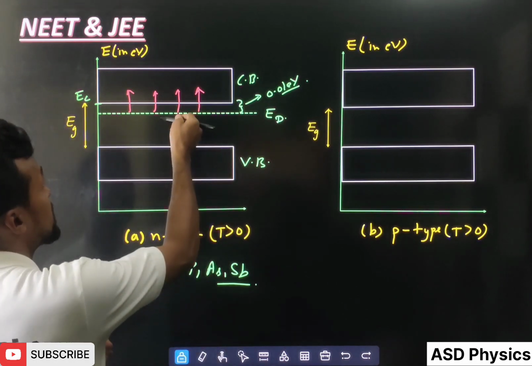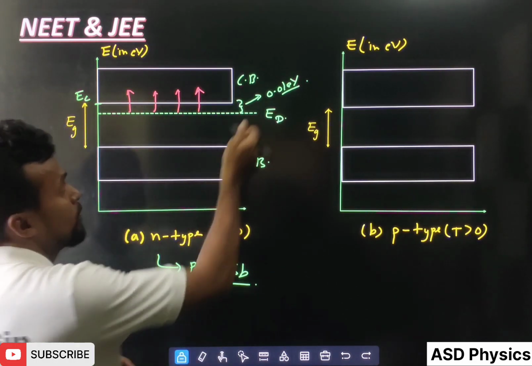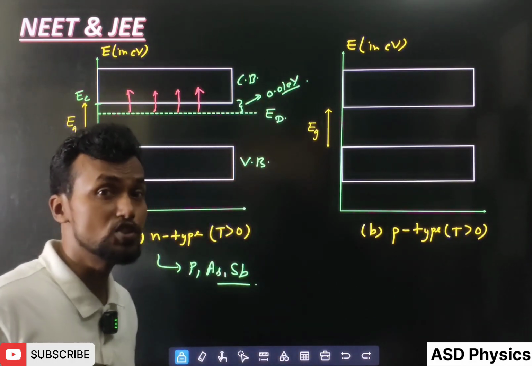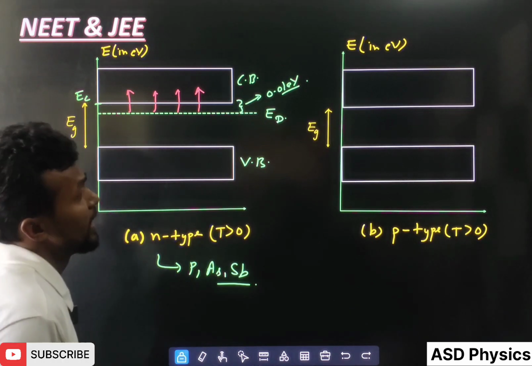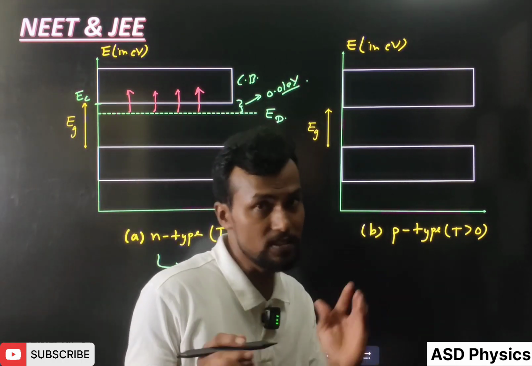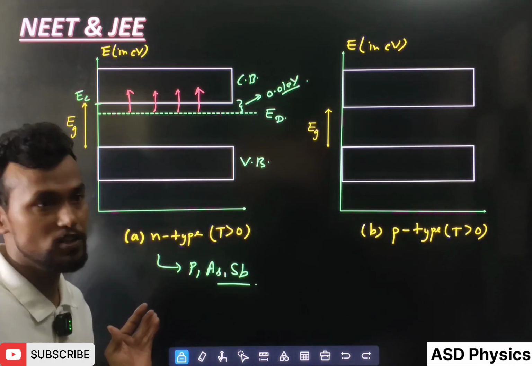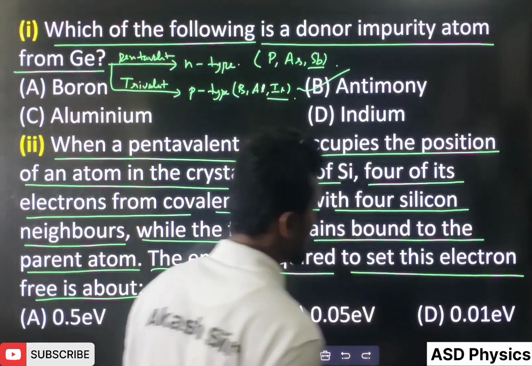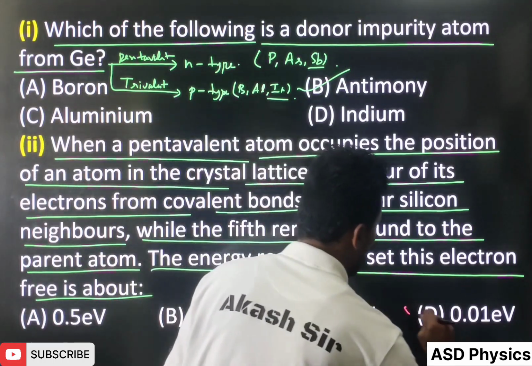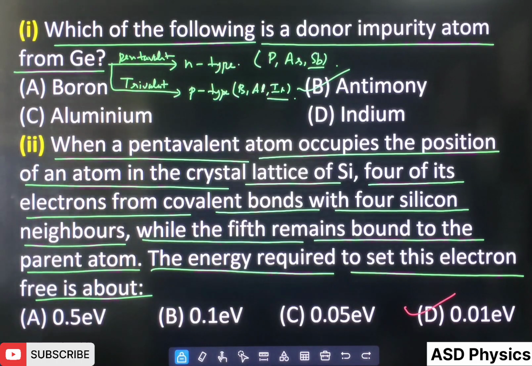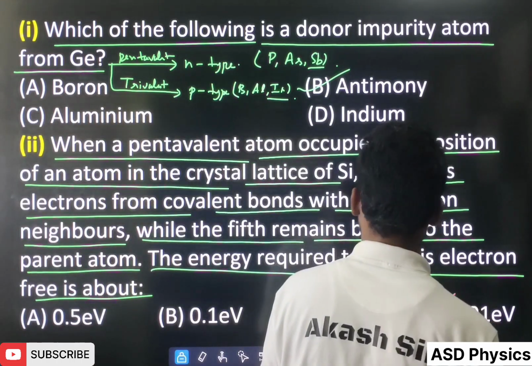It has to jump from ED to EC at least. How much is given in the book? 0.01 electron volt. In the question they ask n-type, so I will go with 0.01 electron volt, as given in the book for the n-type semiconductor.